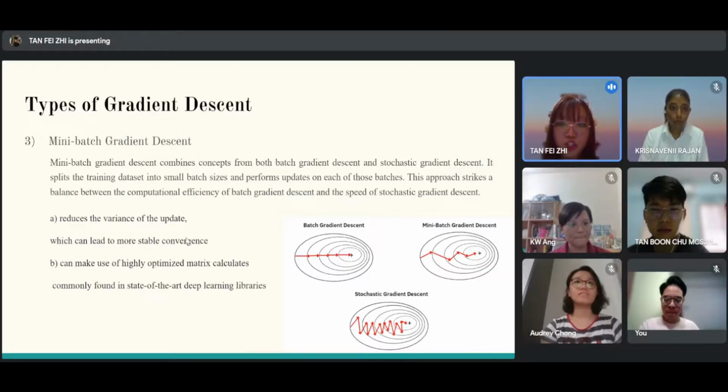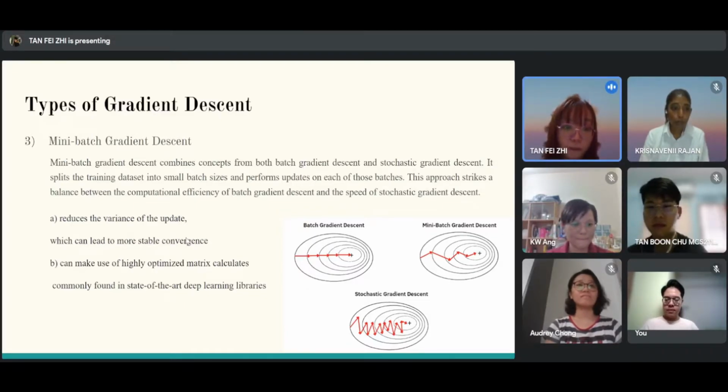This approach strikes a balance between the computational efficiency of batch gradient descent and the speed of stochastic gradient descent. The advantages of mini batch: the first is that it reduces the variance of the update, which can lead to more stable convergence. The second advantage is that it can make use of highly optimized matrix calculations commonly found in state-of-the-art deep learning libraries.